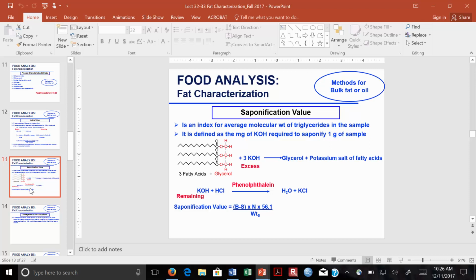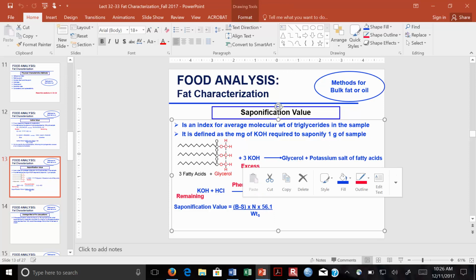Because it's milligrams per 1 gram, you don't divide by 1,000, you don't convert milliliters to liters, and because it's in 1 gram, there's no multiplication by 100. So if you remember the unit, you will remember the components of your equation. And 56.1 is the molecular weight of KOH.